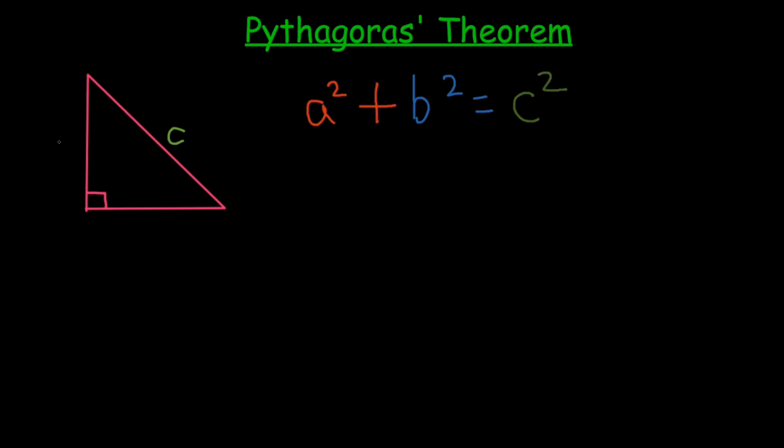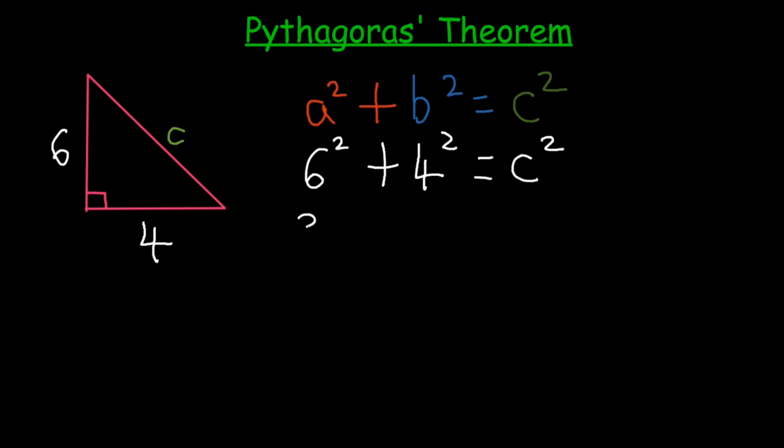Now, if we have side lengths, say 6 and 4, then we know that 6 squared plus 4 squared is equal to the hypotenuse squared.